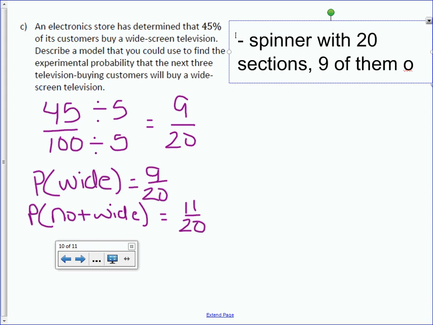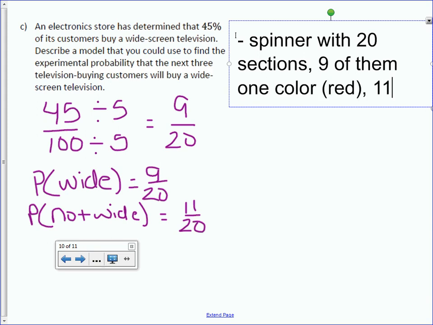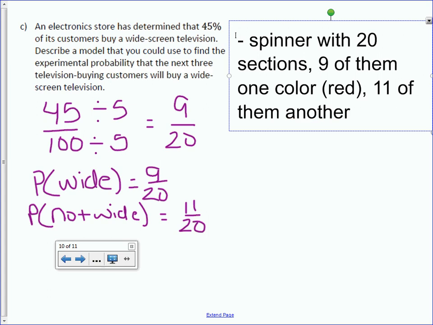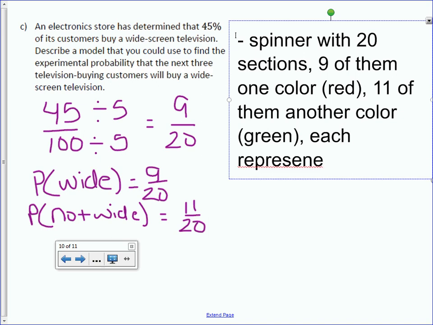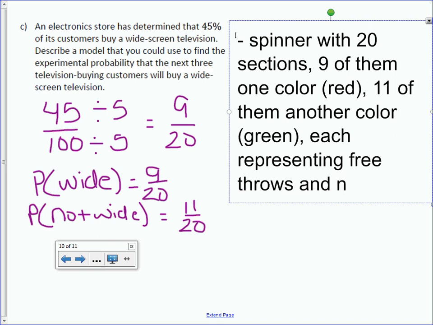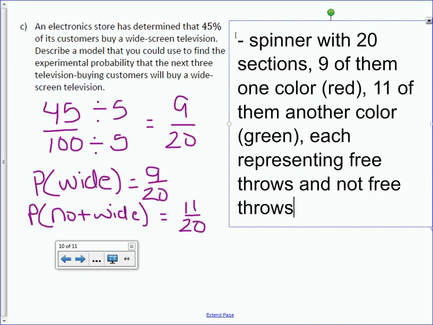9 of them one color, let's say red, 11 of them another color, let's say green, okay? And the red and the green, we'll say each representing free throws and not free throws, respectively.